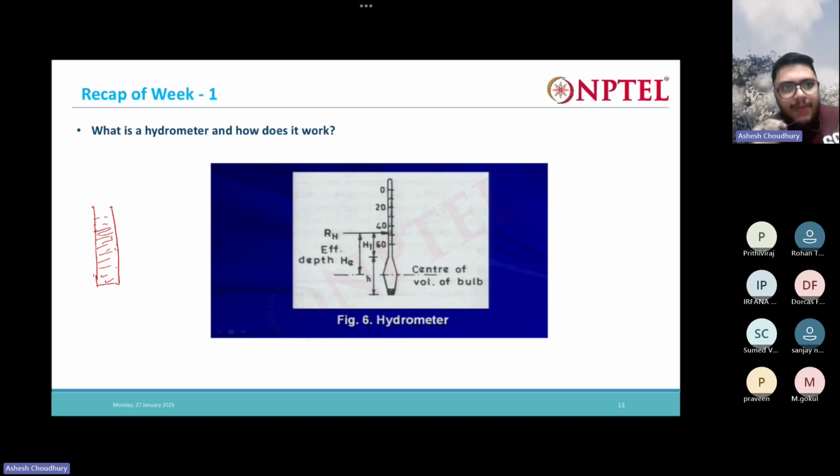Some particles will get positively charged, some negatively charged, and then the soil particles will stick to each other to form a larger soil particle. We do not want that. We want the soil particles to remain individually separated. That's why we use distilled water.